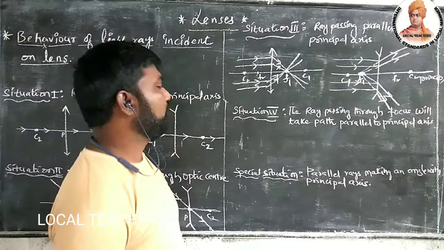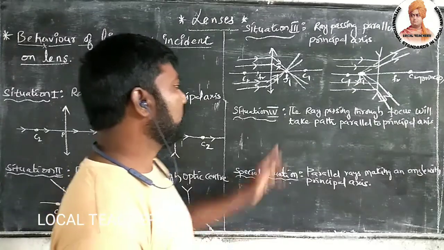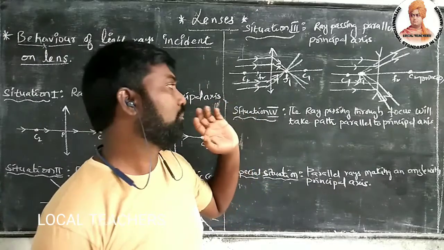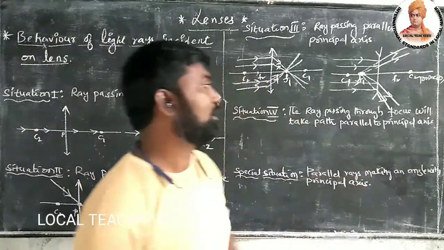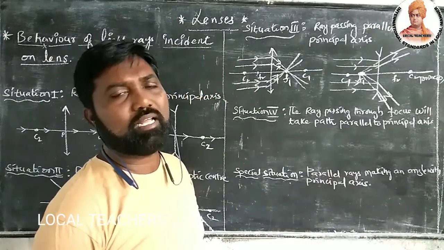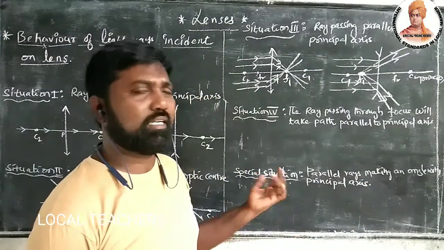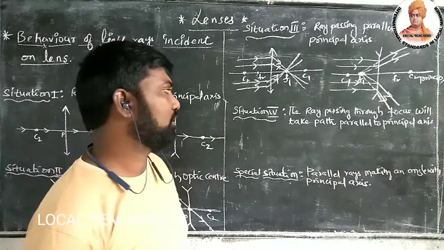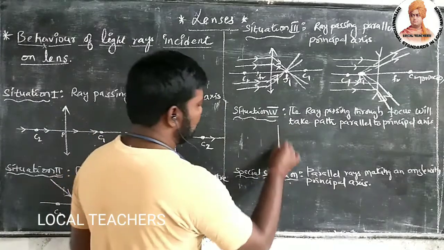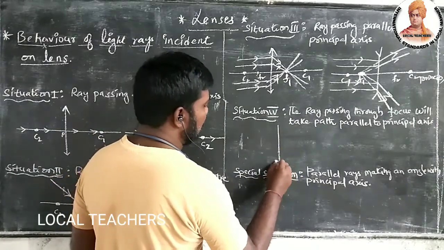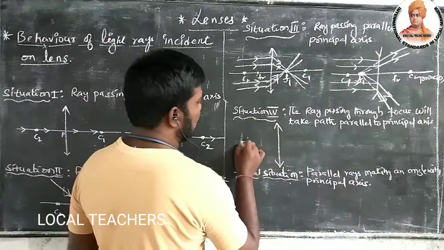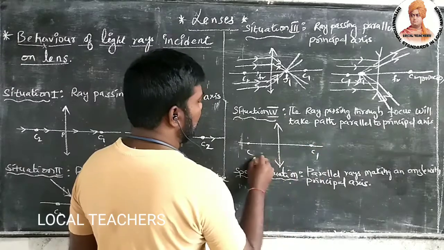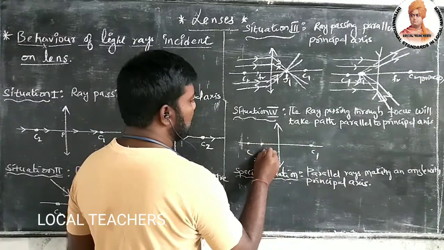Next we go to situation four. The ray which passes through the focus will take a path parallel to the principal axis. We have already studied this in mirrors also. Consider a convex lens. This is the principal axis, this is the center of curvature, and this is a focus.